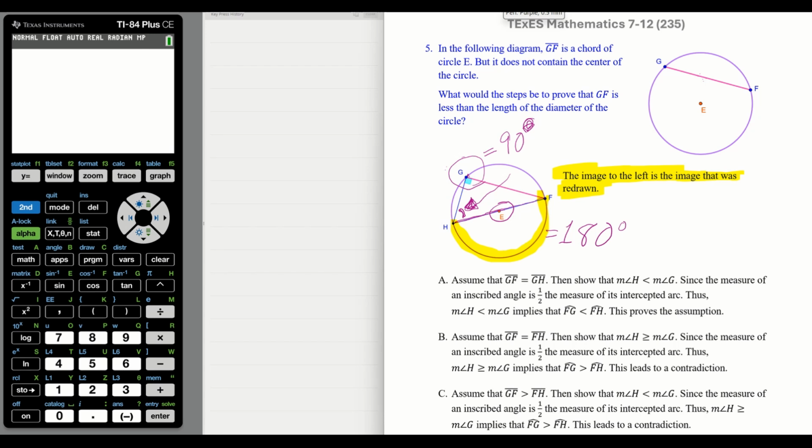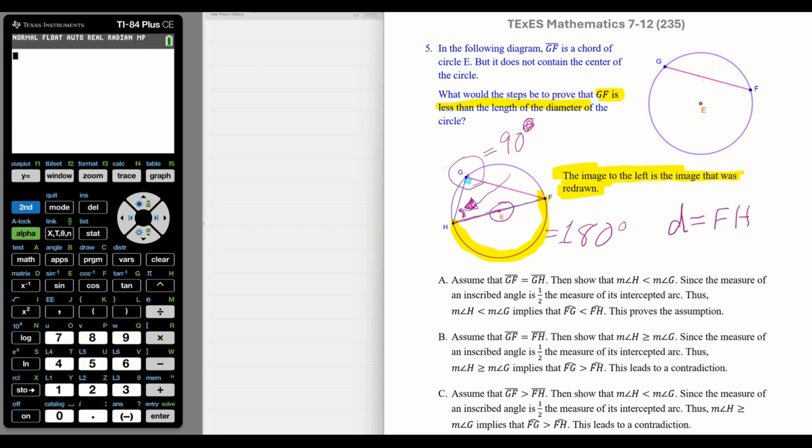There are a couple ways you could go about this, but the classic way is by contradiction. And the contradiction would be, we want that DF is less than our diameter, and our diameter is equal to, what are they calling it here, it's FH.